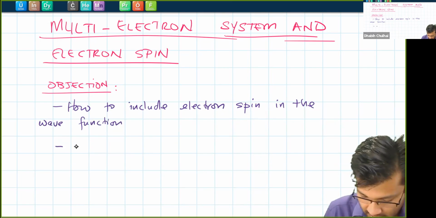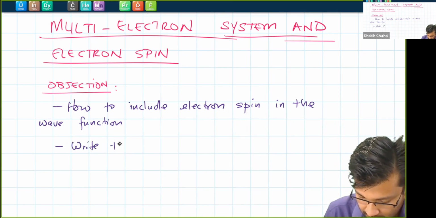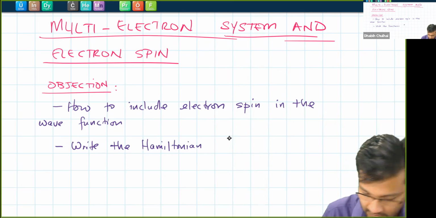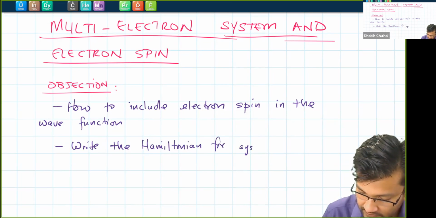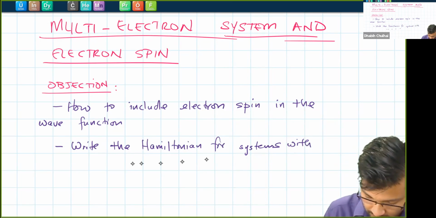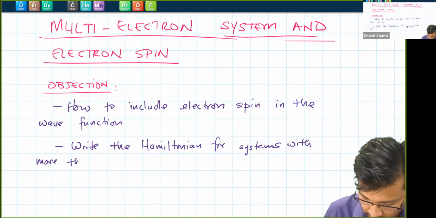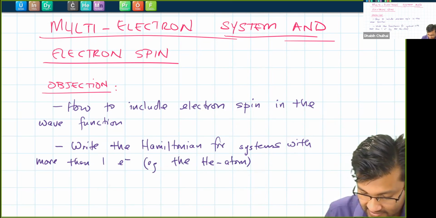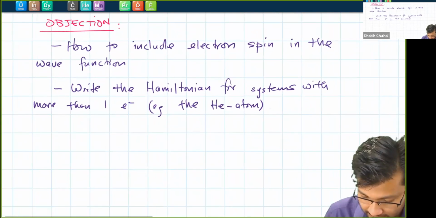We're going to learn how to write the Hamiltonian for systems with more than one electron, like the helium atom. That's the simplest system with more than one electron.